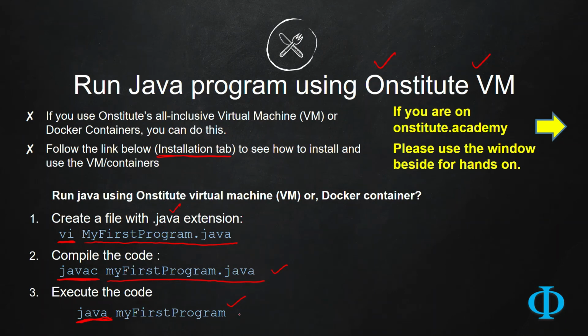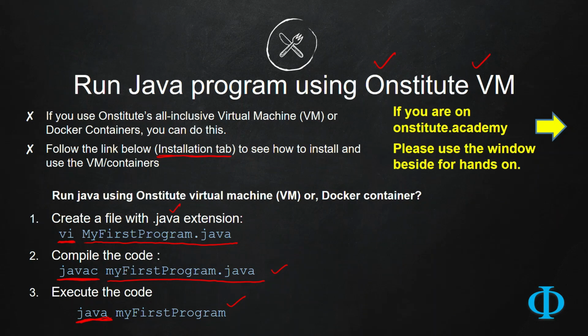You really do not need to use the .java extension, but just write down the myfirstprogram name, and whenever you do that, it will execute your Java program. That is, in case of hello world, it will print hello world on screen. In case of arithmetic expression evaluation, it will print the result of the arithmetic expression.